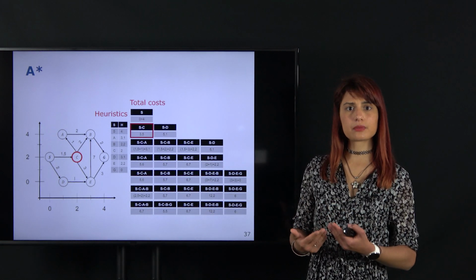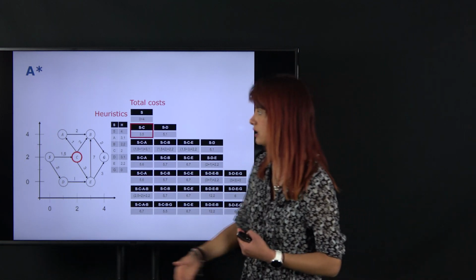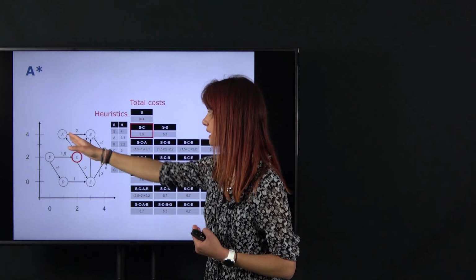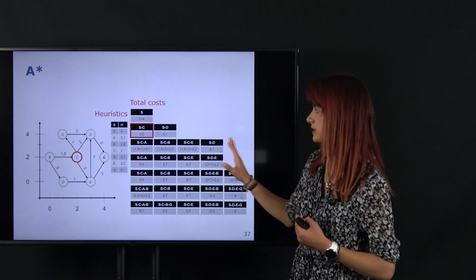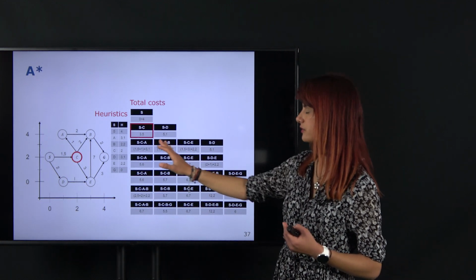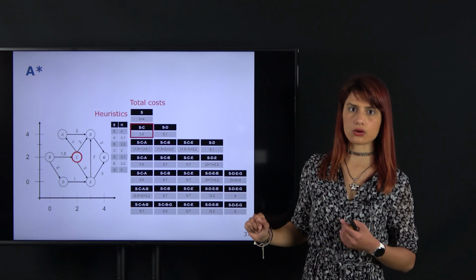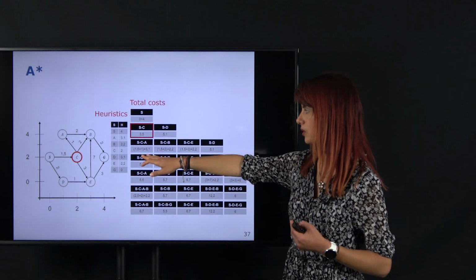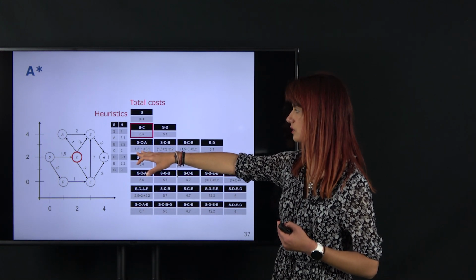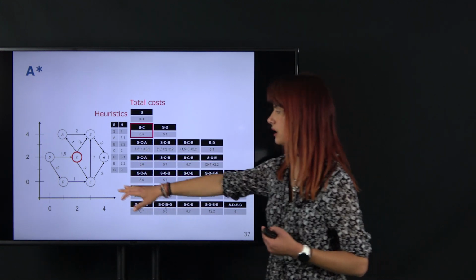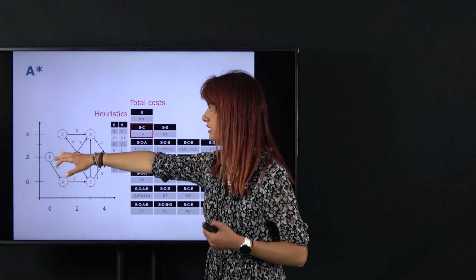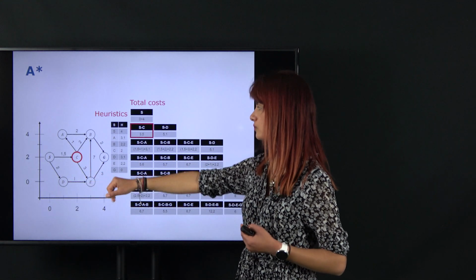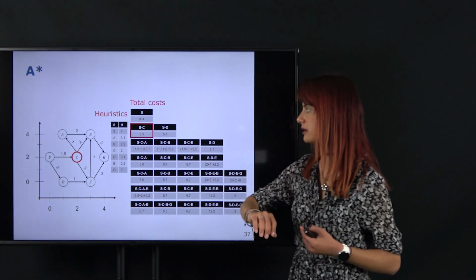So then we repeat the procedure and add the children of C. So that would be A, B, and E. So there we didn't touch D yet, but we have 3 new nodes on our open list there, whereby we get the total cost by summing up the cost to reach them. So for example, for A, 1.5 plus 1, and the heuristic, that's 3.1.